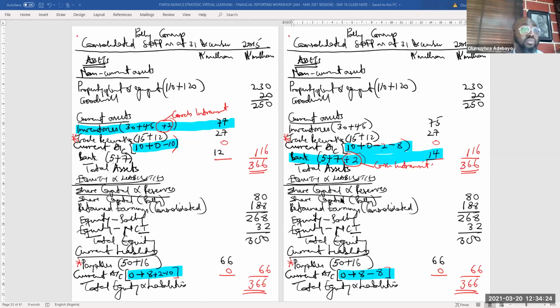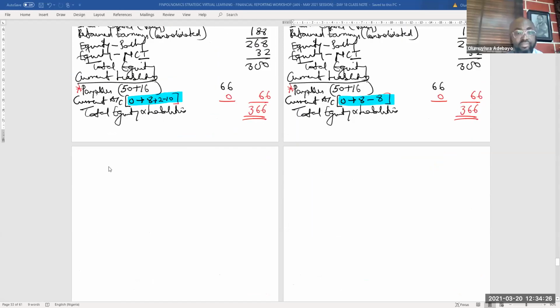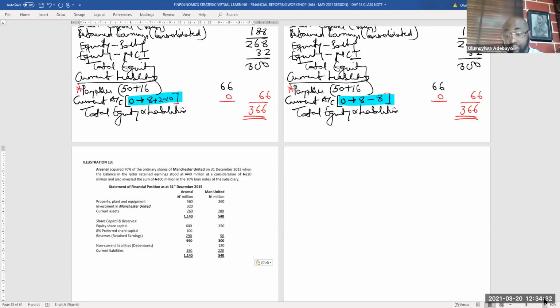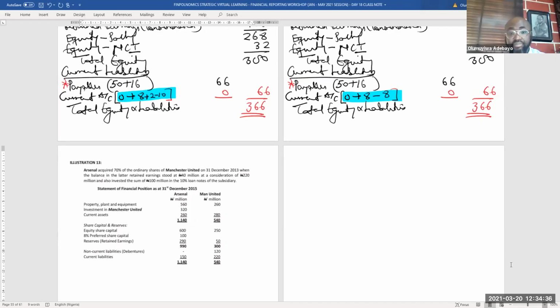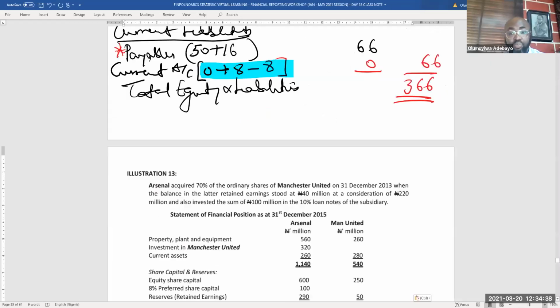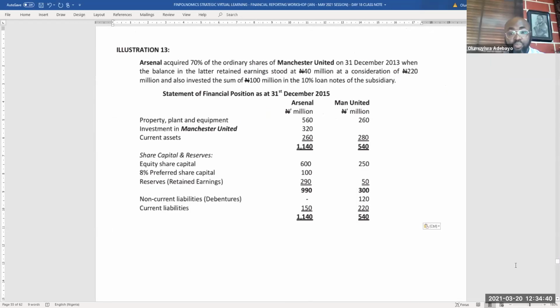You have 10 minutes. You have to consolidate as at 31st December 2015. Just do your rough work immediately.